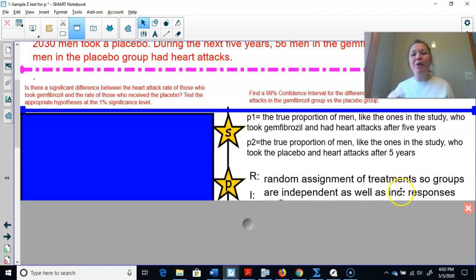I should have written out individual here. I'm worried someone might think that's individual or independent and it's individuals, okay? So let's read it again. Random assignment of treatments. So groups are independent as well as individual responses are independent.